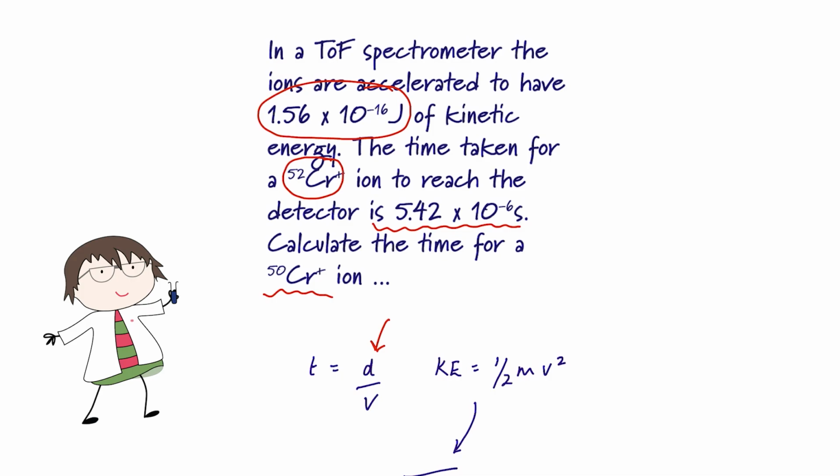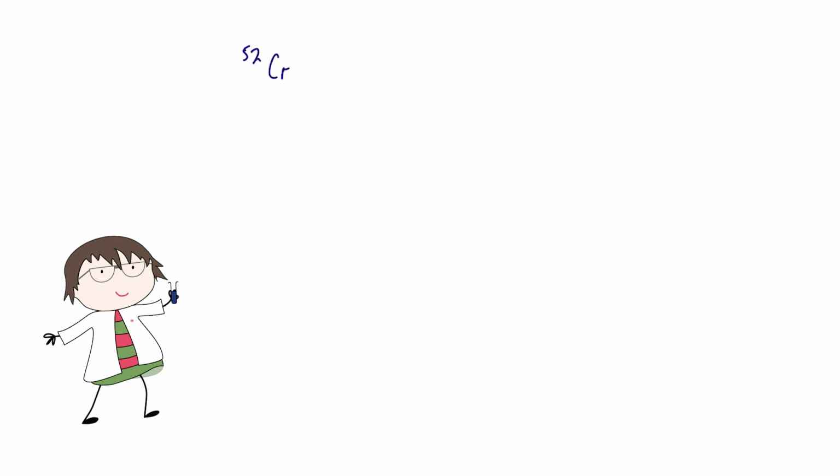Here goes. For the chromium-52 plus ion, we need to find the length of the flight tube. So distance equals time times velocity, which is equal to the time multiplied by the square root of twice the kinetic energy of our ion divided by the mass.